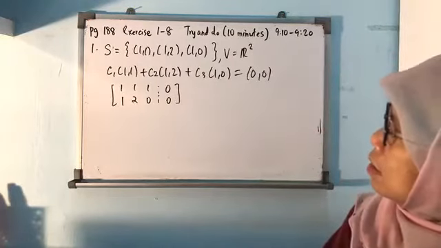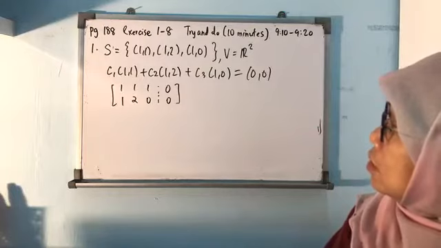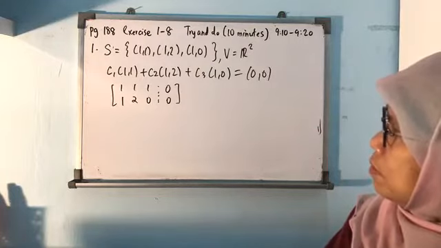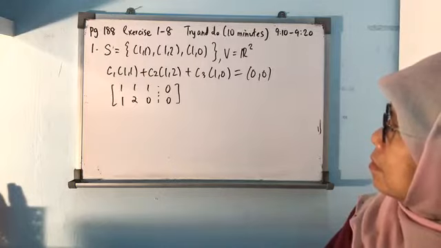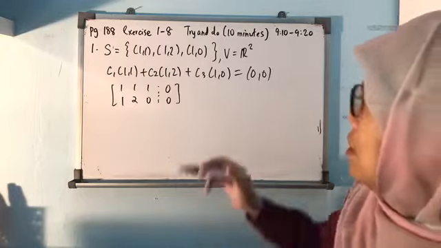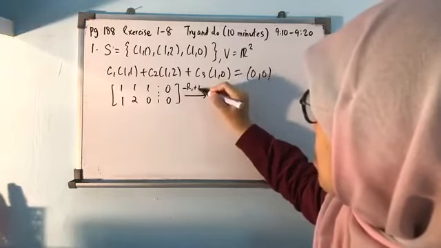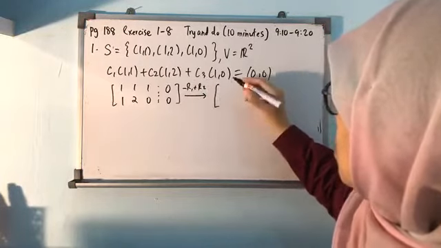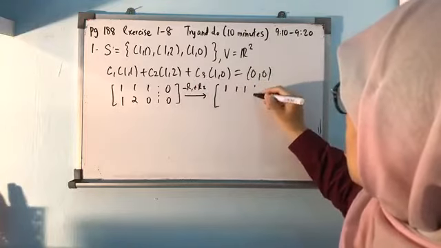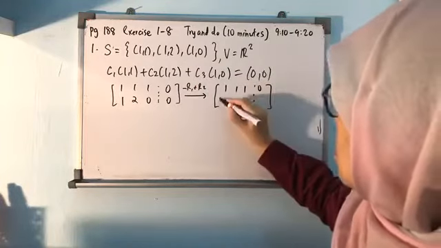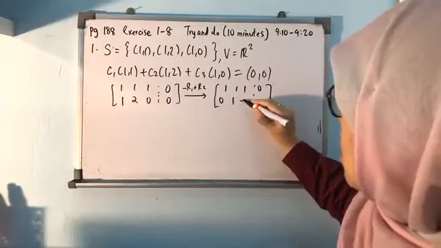Then negative R1 plus R2, you will get 0 1 negative 1 0.